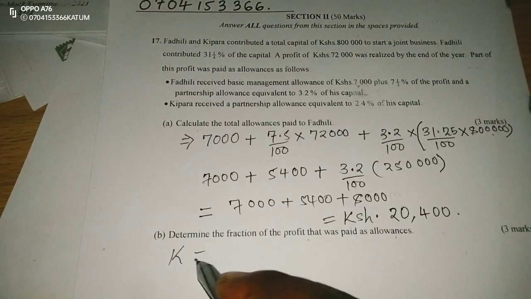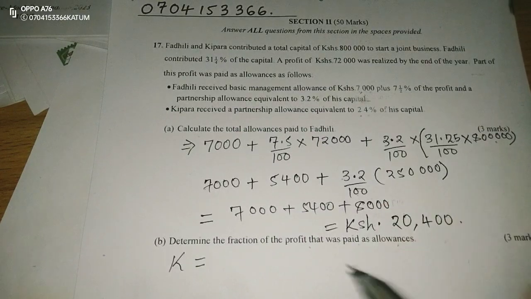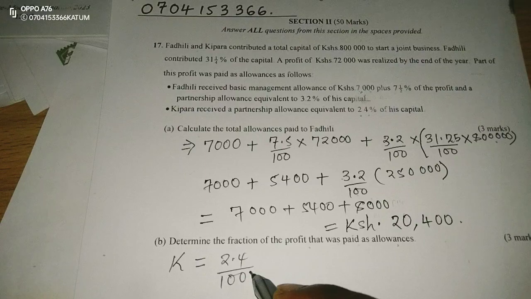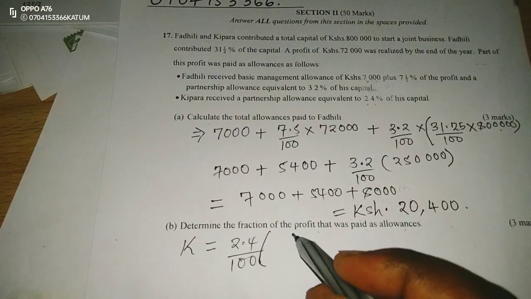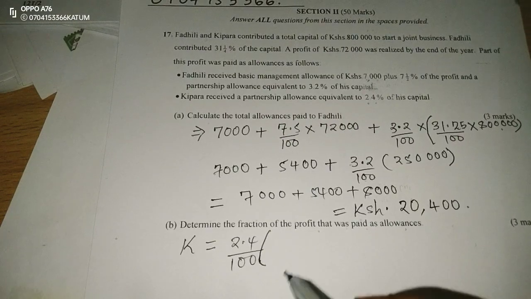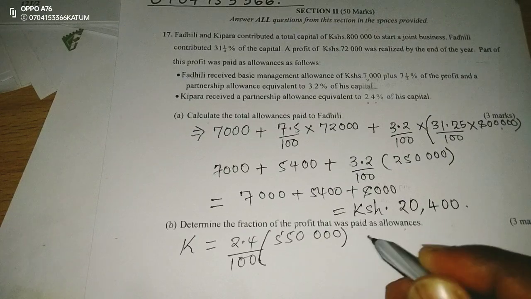So Kipara is going to receive 2.4% of his capital, which means 2.4 over 100 of his capital. His capital is going to be, when we take the total capital and subtract the 250,000 capital by Fadhili, 550,000 Kenya shillings.